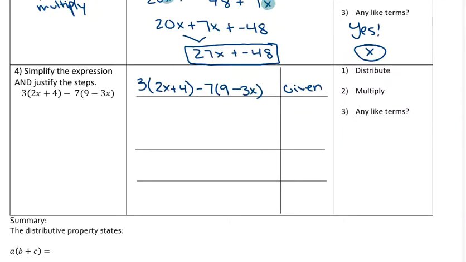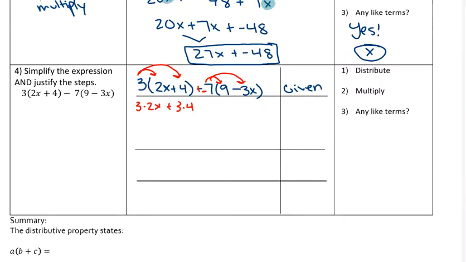So first thing we're going to do is distribute. We're going to go pew, pew. And we're going to think of this minus 7 as a plus negative 7. Pew, pew. So this is really 3 times 2x, and I'm writing small on purpose because we're going to write here our simplified part, plus 3 times 4.